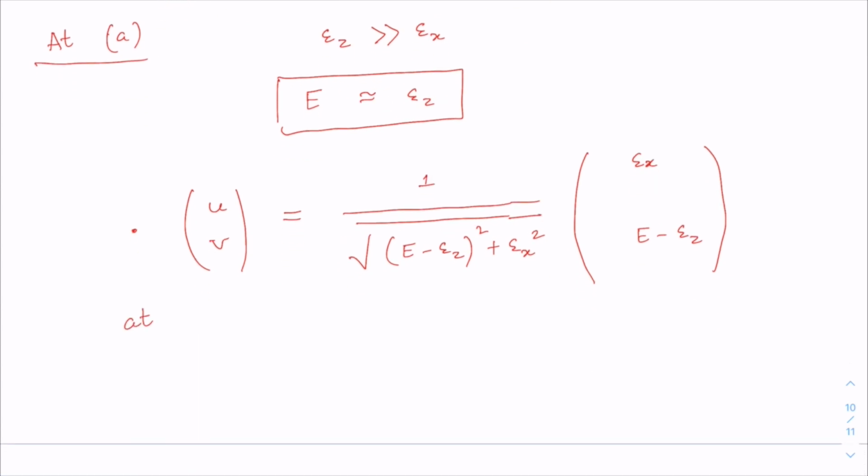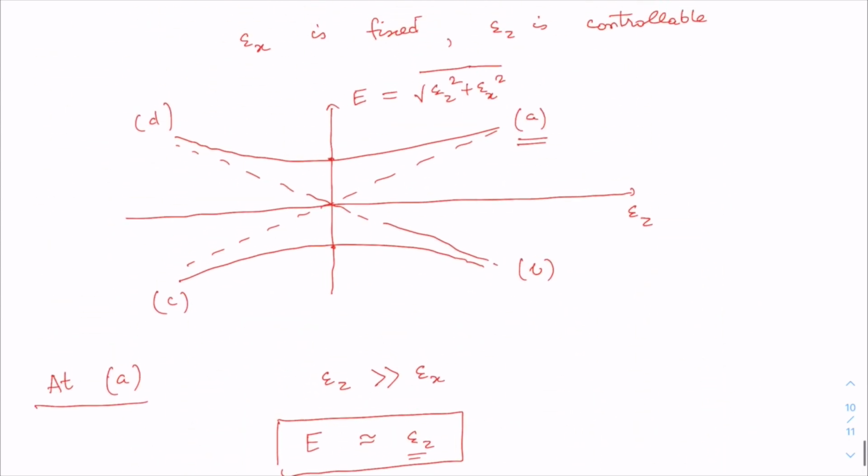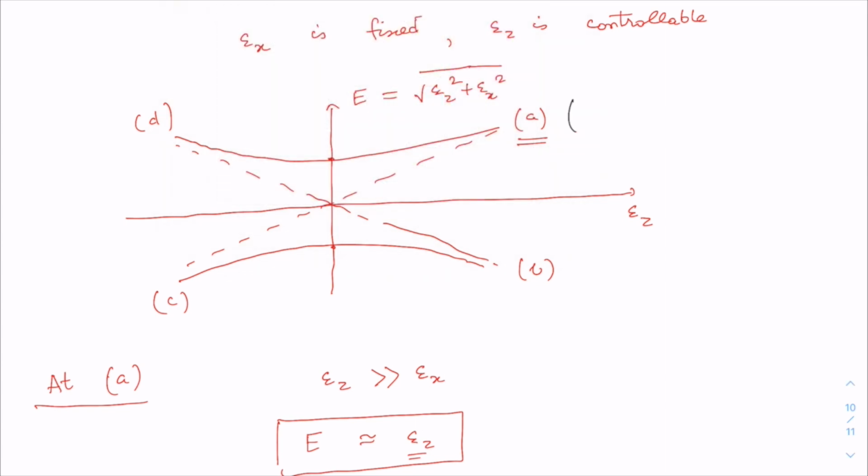Now at point A, E is equal to ε_z, and therefore I will get 1 by ε_x here, and here it would be ε_x, and it would be 0, so it would be simply (1, 0). So this particular point refers to the eigenvector (1, 0), and because this point C lies on the same line, point C will also correspond to the eigenvector (1, 0).